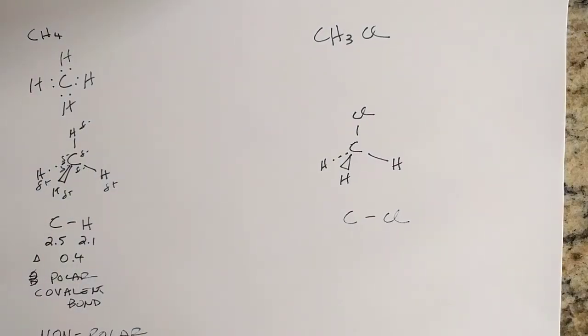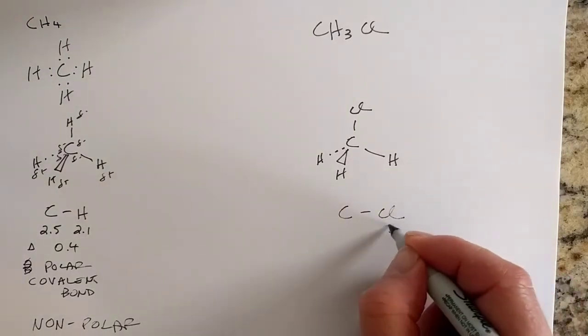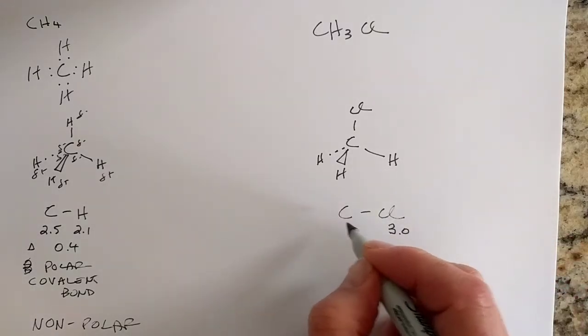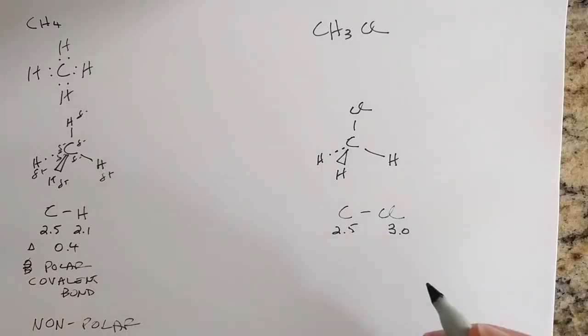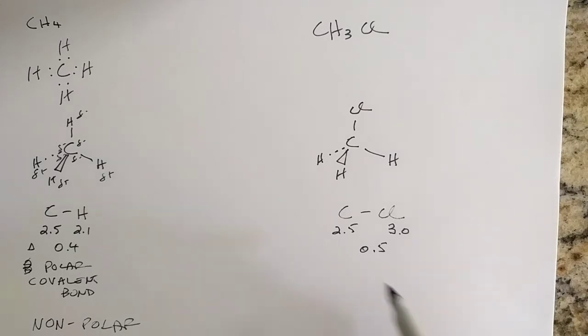Chlorine is one of the third most electronegative elements on the periodic table with a value of 3.0. And then carbon has a value of 2.5. So we have a difference of 0.5. So this is also polar covalent, but it's stronger than the carbon-hydrogen bond.